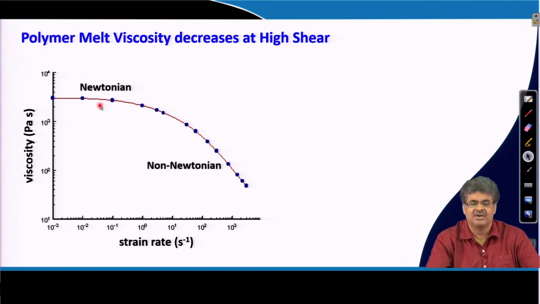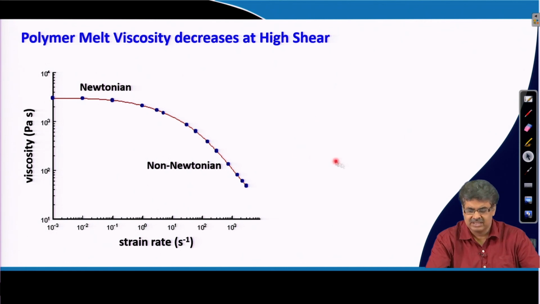As a result, the viscosity will decrease drastically, and this enables a polymer engineer to process polymers in a cost effective way. Otherwise, it would be difficult to make polymer products in a cost effective way.